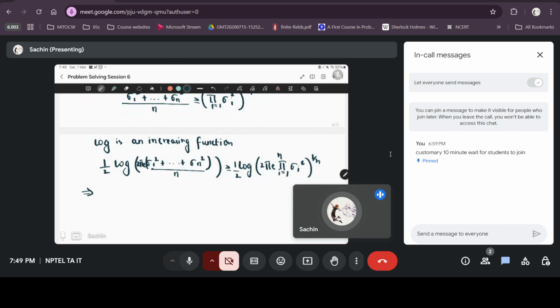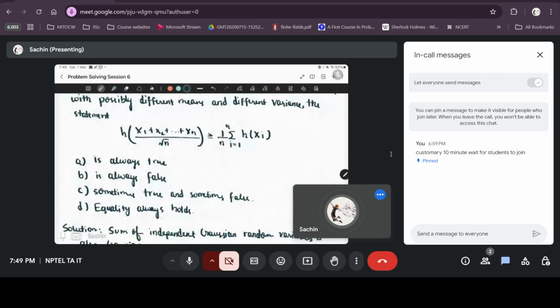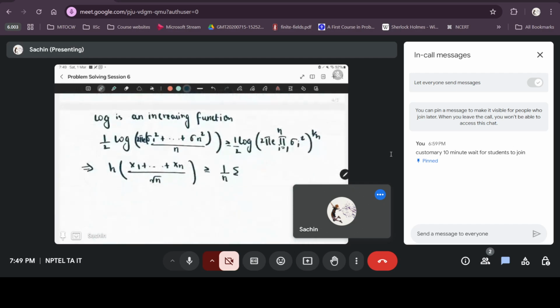But what is the quantity on the left hand side? That is h of (x1 plus etc. xn) divided by square root n, and the quantity on the RHS is 1 over n summation of h of xi, i equal to 1 to n.